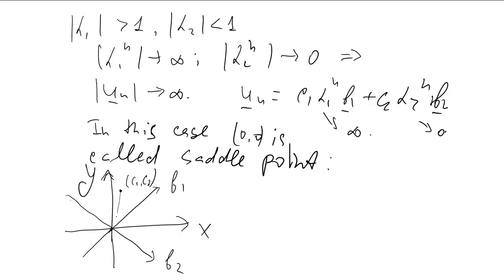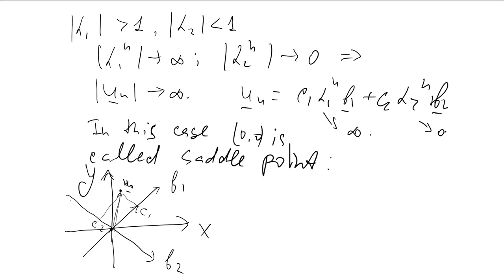We can take this vector, which we remember is vector u0, and we can find its components in here and in here. This is some point u0.